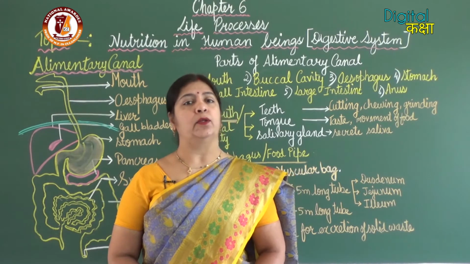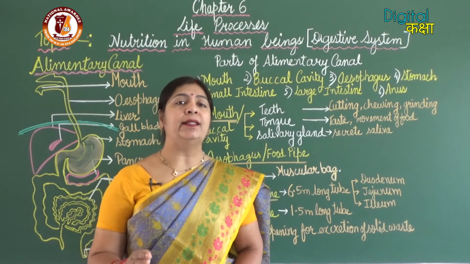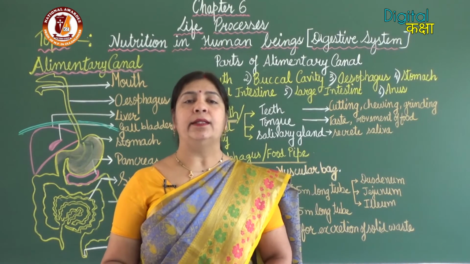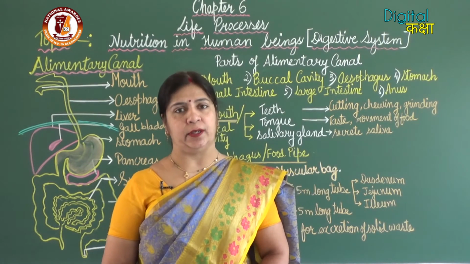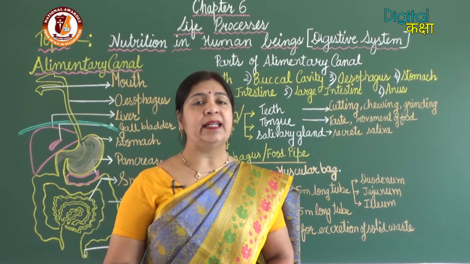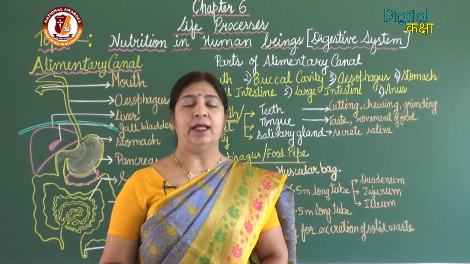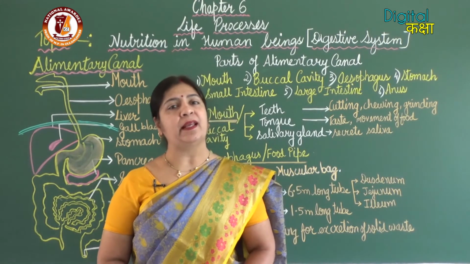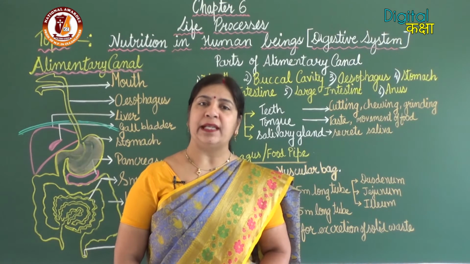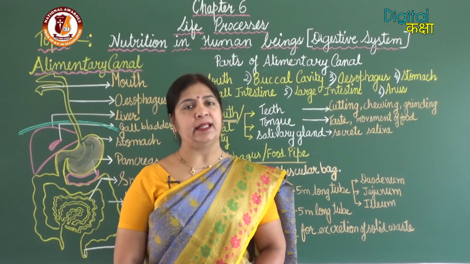The small intestine is also the place where the other two glands, the liver and pancreas, pour their secretion through a duct. The liver secretes the bile juice and the pancreas secretes the pancreatic juice, and these also help in the process of digestion, which we will study in the next topic.